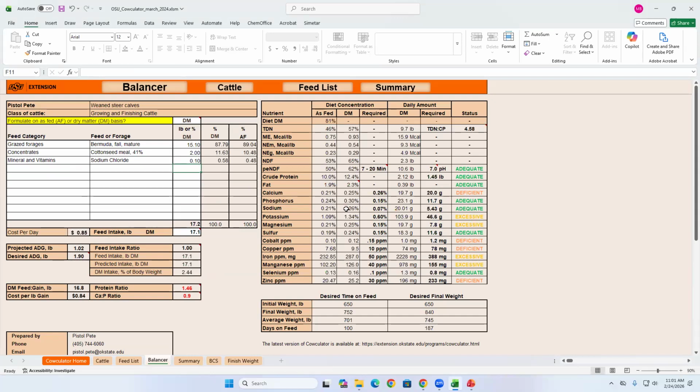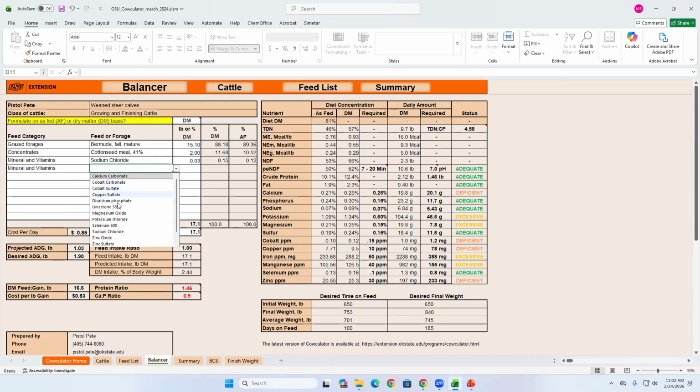Okay, with 0.1, we are over on sodium. 0.05, we're a bit over, just double what we need to meet our requirements. 0.025, we are right around good. Okay, for sodium.